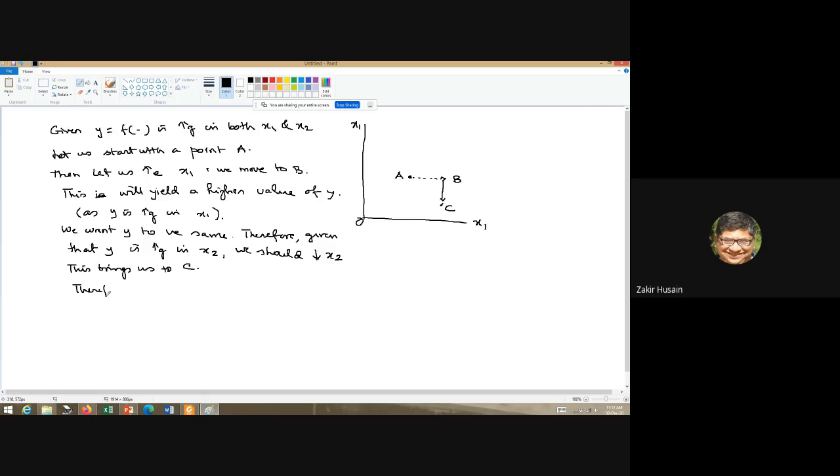Therefore, the curve passing through A and C is the level set of the function. Okay.